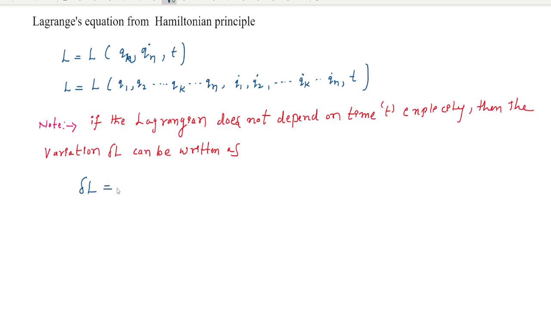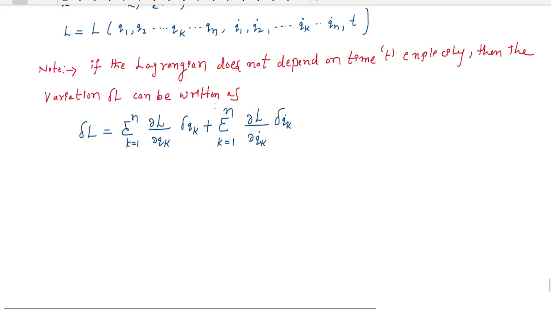Variation symbol delta L equals summation k equal to 1 to n, partial derivative of L divided by partial derivative of qk, times delta qk, plus summation k equal to 1 to n, partial derivative of L divided by partial derivative of velocities, times delta q dot.